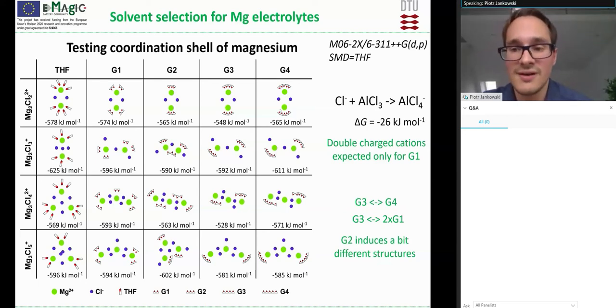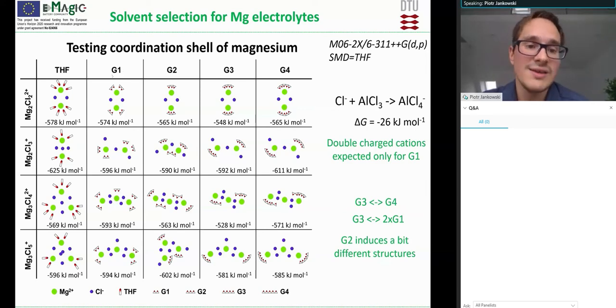These two solvents are providing almost the same clusters. The fifth oxygen from the tetraglyme is just stabilizing the cluster, but doesn't really change the nature of the solvent.